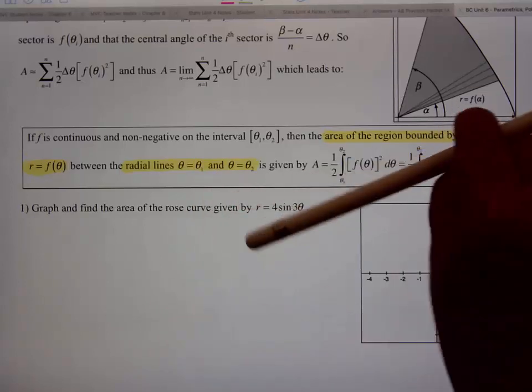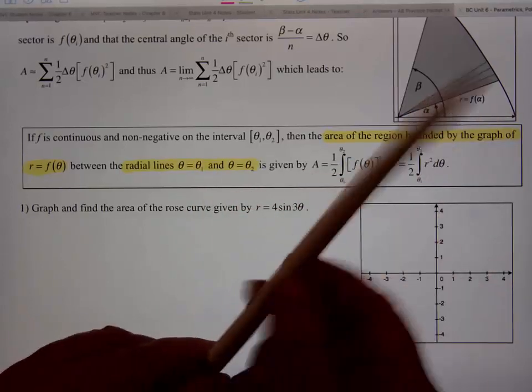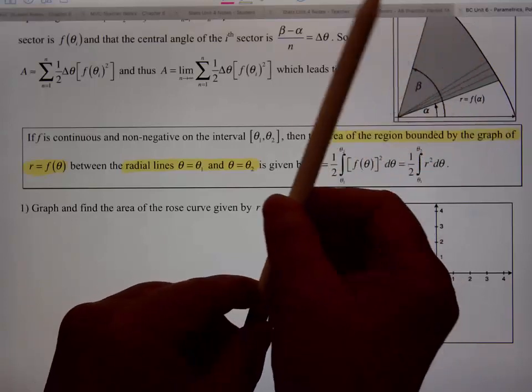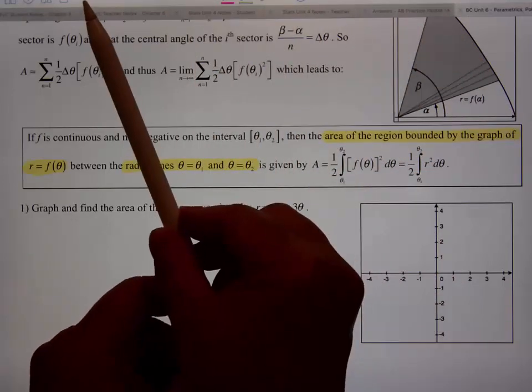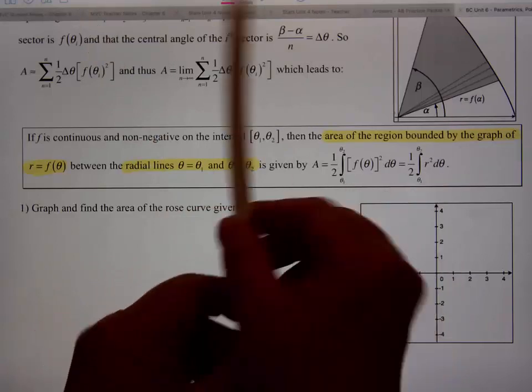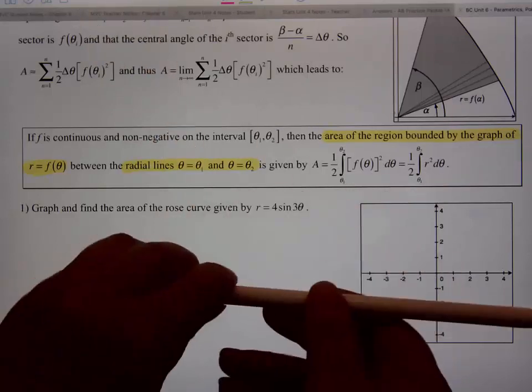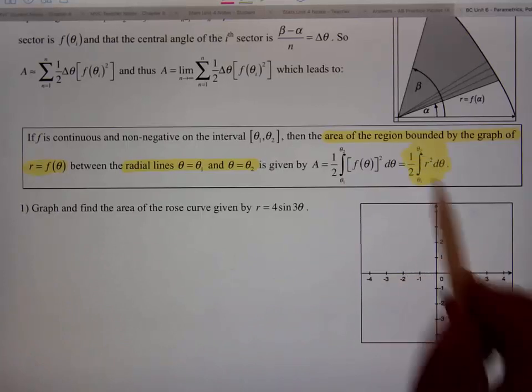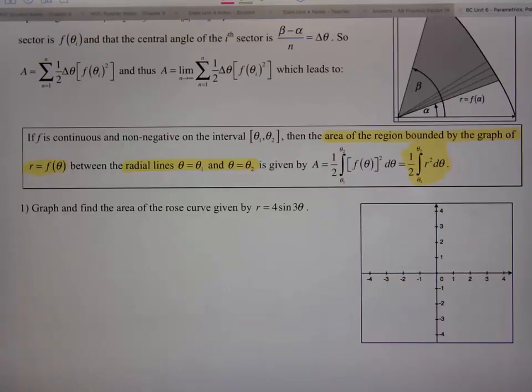So basically, where do I point the sprinkler when I start it? And then how far do I let it go until I stop it? That's theta 1 where it starts, theta 2 where it stops, measured off of the x-axis. The formula is right over here. That's the one we're going to use: 1/2 r squared d theta.